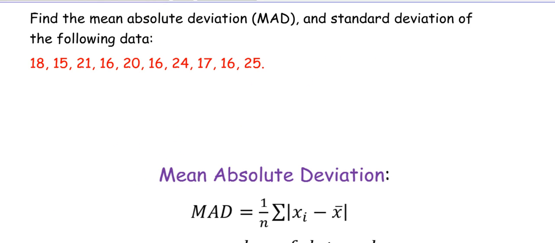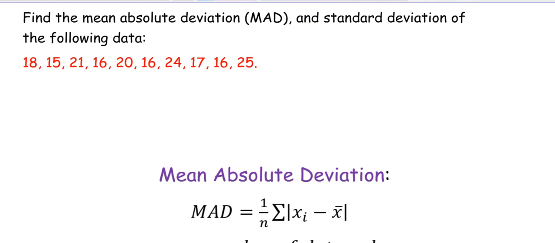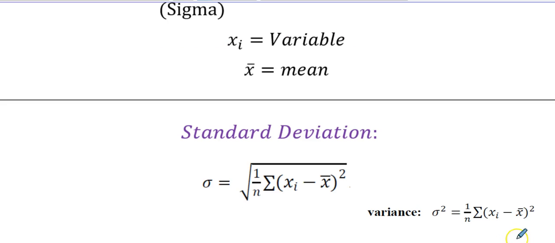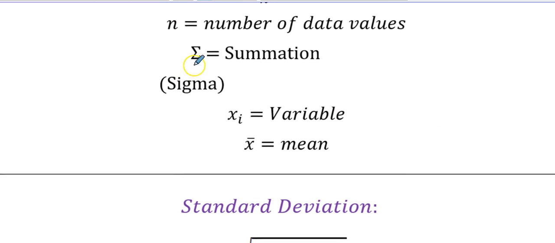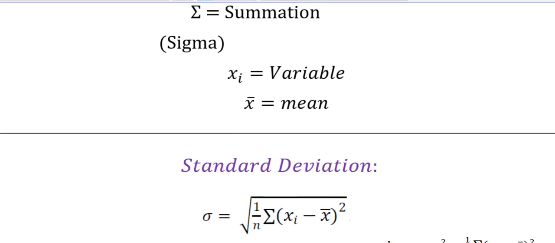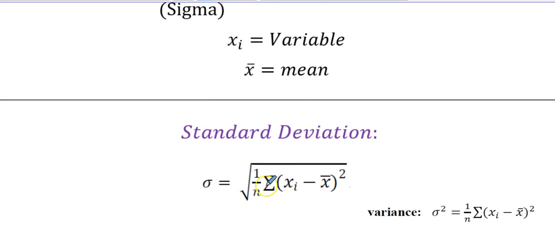Let us now find the standard deviation of those numbers given to us. The formula for standard deviation is this. This is also sigma. The one in mean absolute deviation is an uppercase sigma, and this other one is a lowercase sigma.